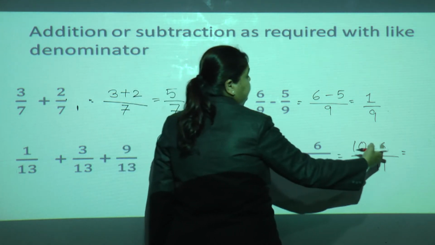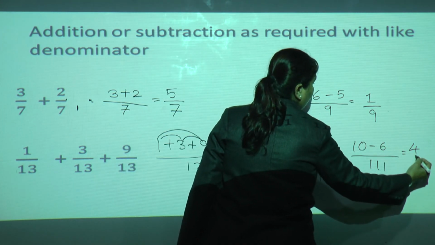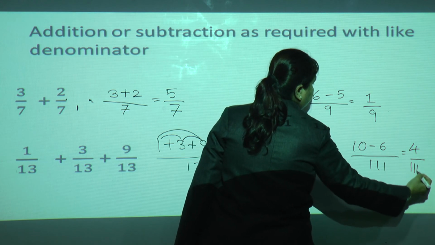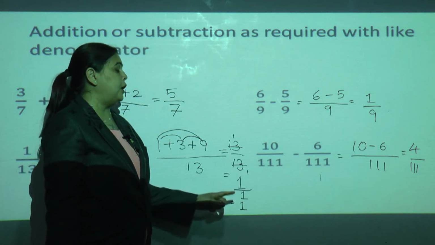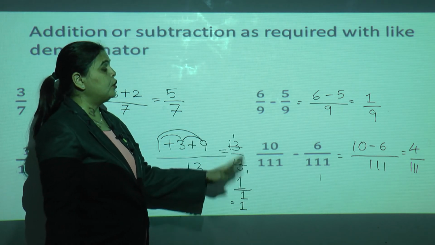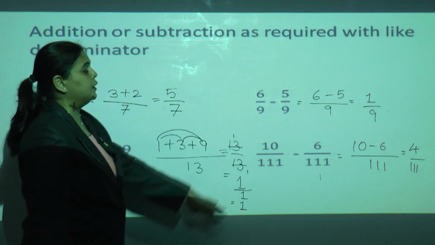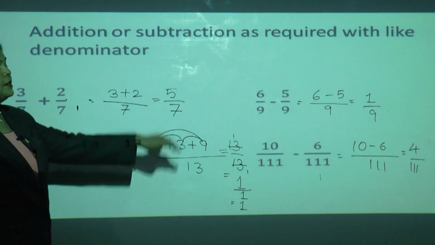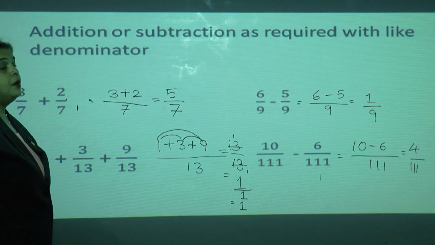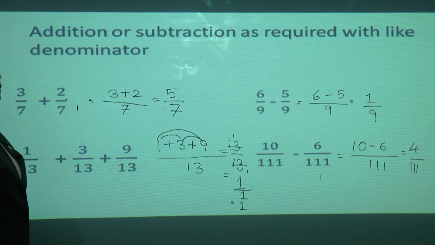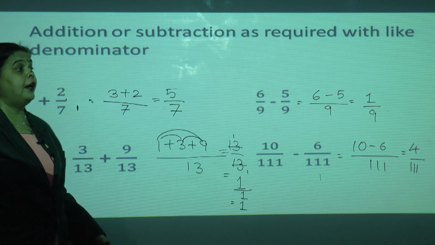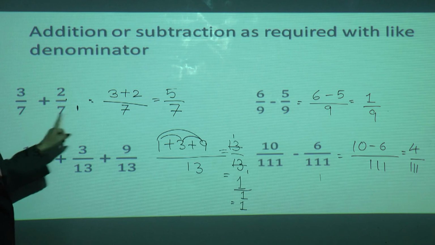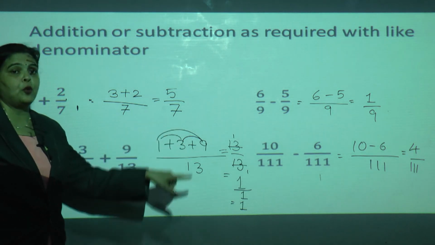So 10 minus 6 is how much? 4 upon 111. In this way, if one operation is given as addition and one as subtraction, when the denominators are the same, you can do the direct operations.